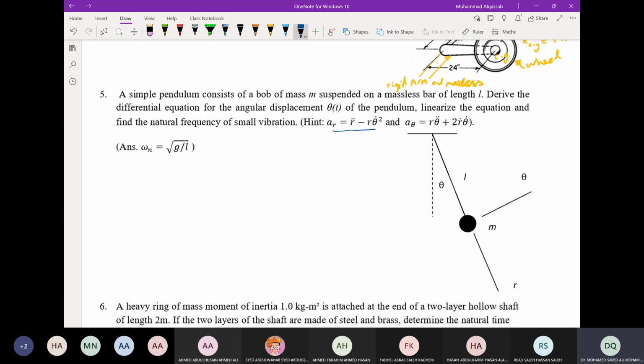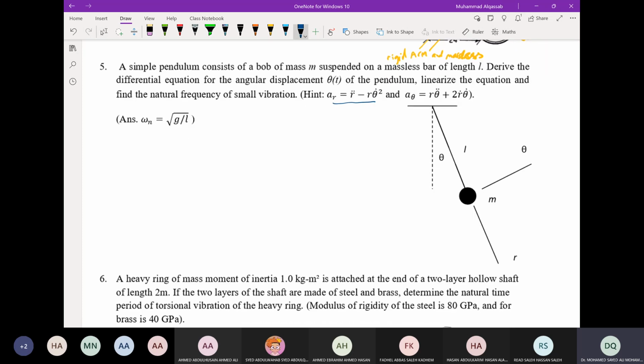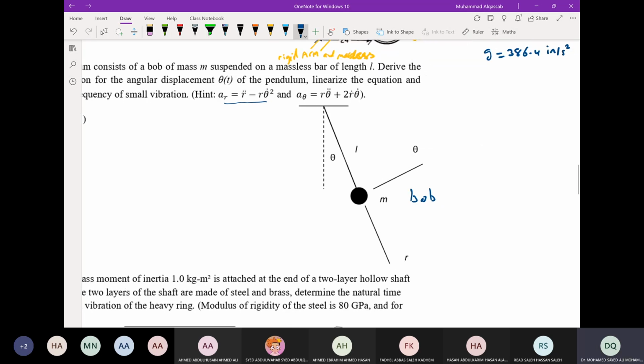This is the simple pendulum, and it is called simple because the mass is a point mass. For a point mass, JCG is 0 always. And the chord is massless, so the mass is only the mass of the bulb.